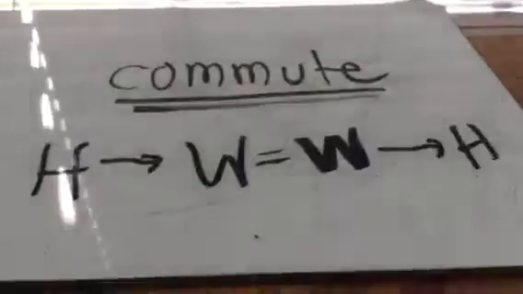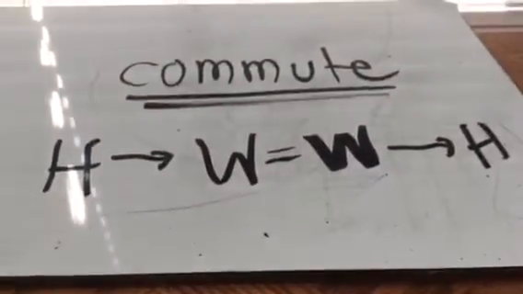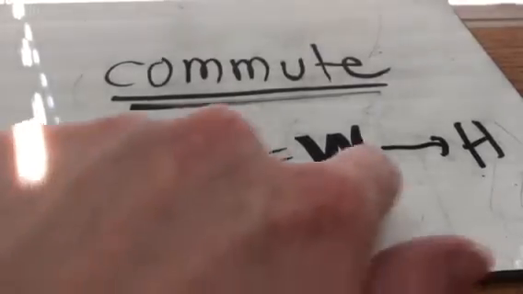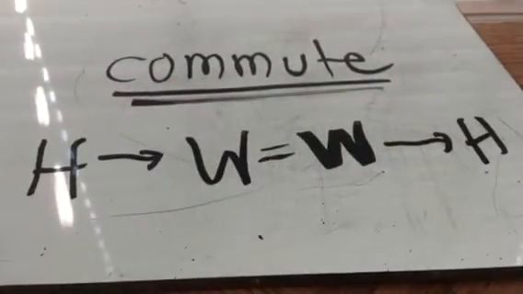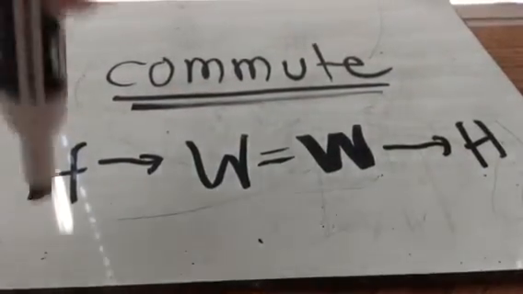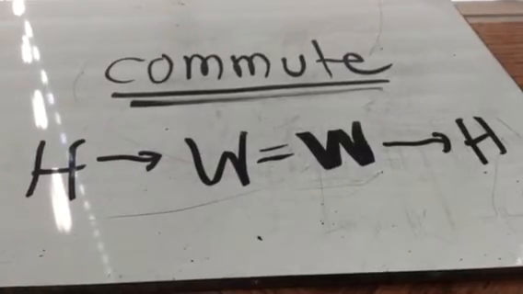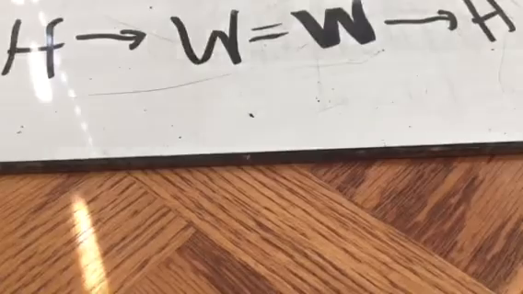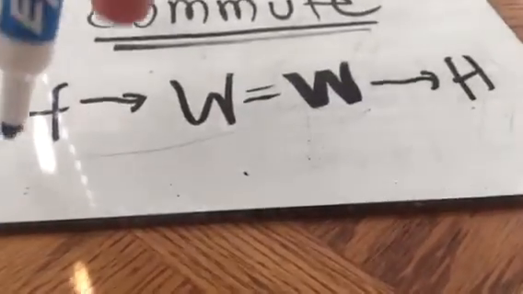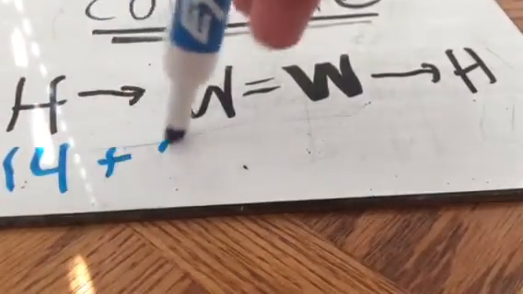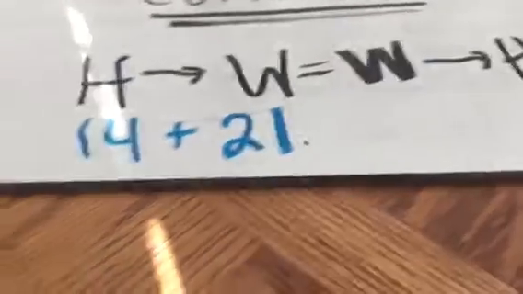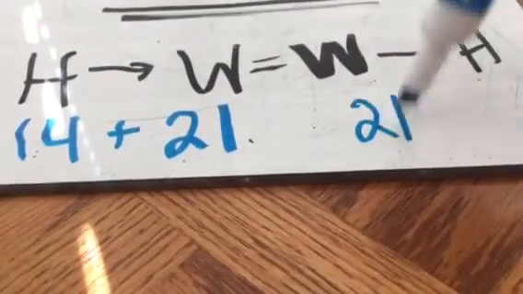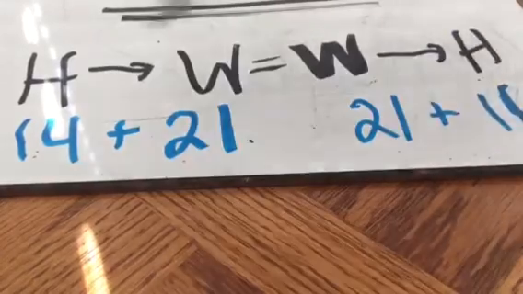So it's the same thing with addition. We go one way there, and on the way back we go the other way. So if I have 14 plus 21, on the way back, it's going to be 21 plus 14.